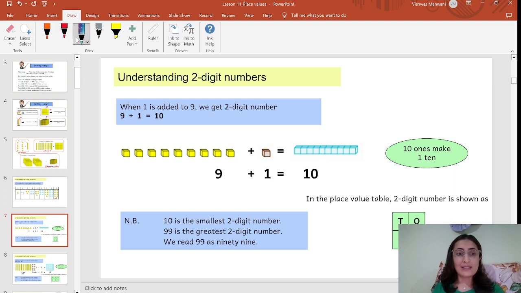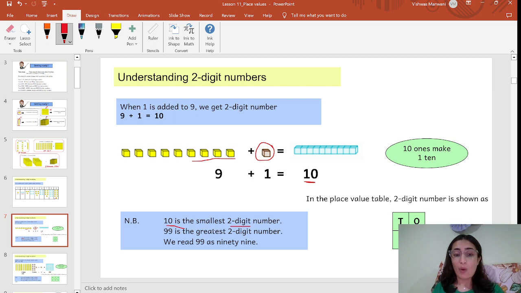Here you can see that 9 single blocks were there. When we added another single block to it, it became a total of 10. So 10 is the smallest 2-digit number.